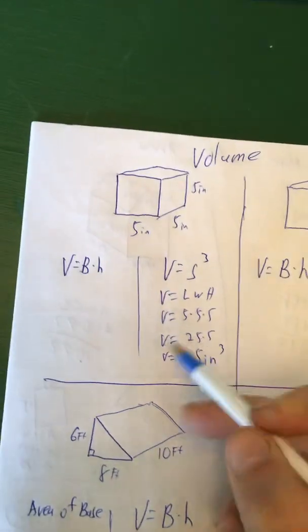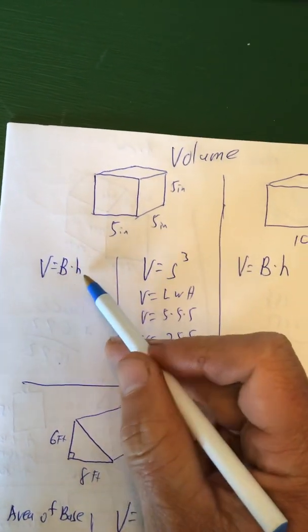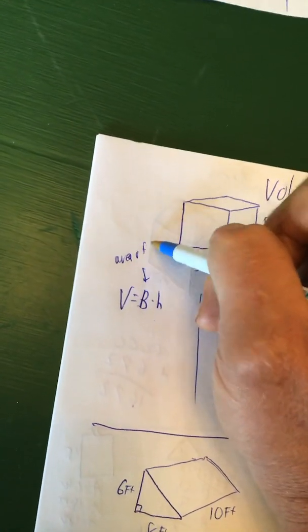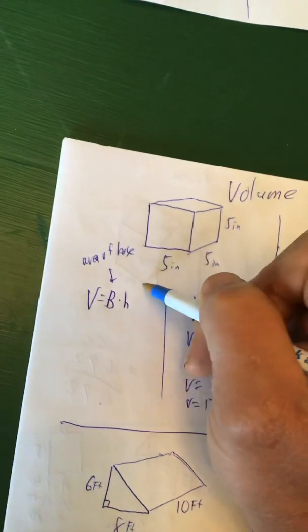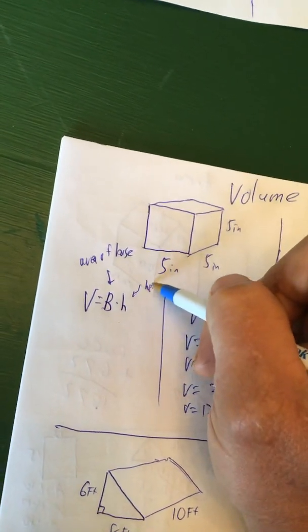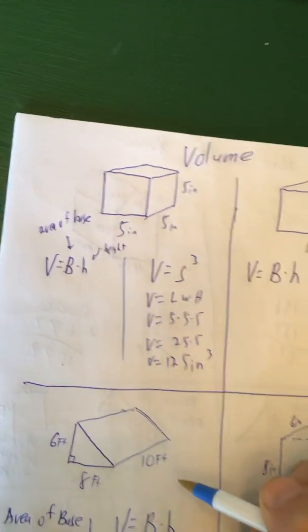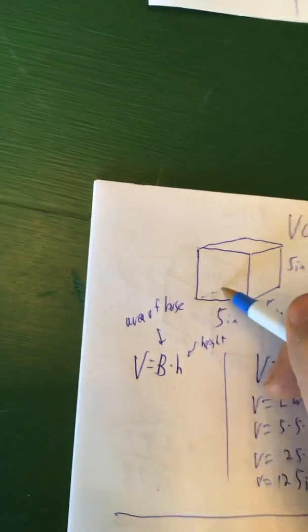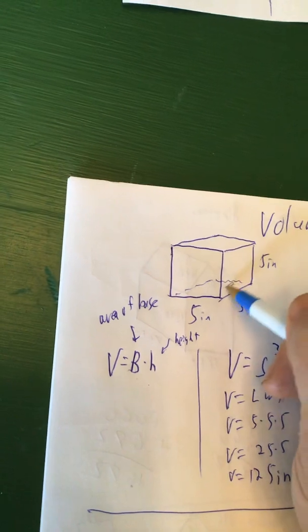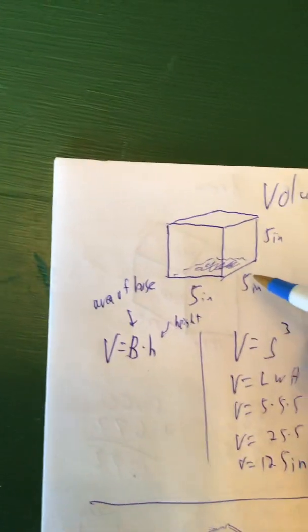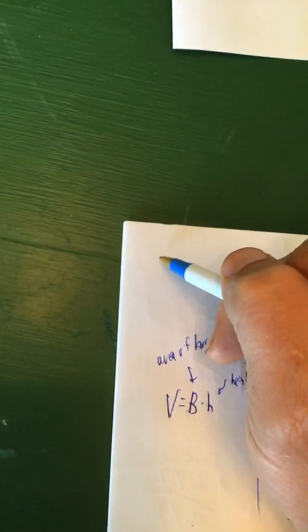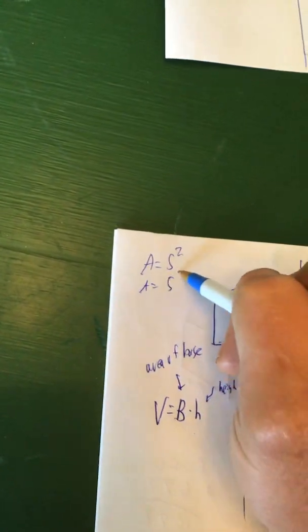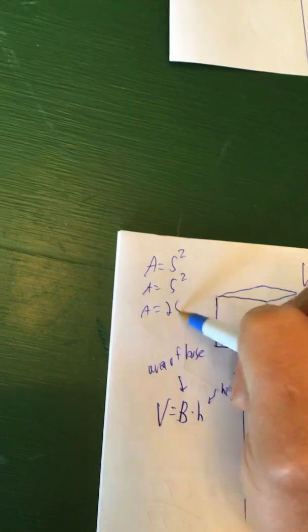Now, here's the other formula. This is the area of the base times height. This capital B stands for area of base, and then the H stands for height, right? And so here, if I just find the area of the base, which is, if I draw my picture, this is the base, and it's just a square, which is side squared, which is going to be 5 squared, which is 25.